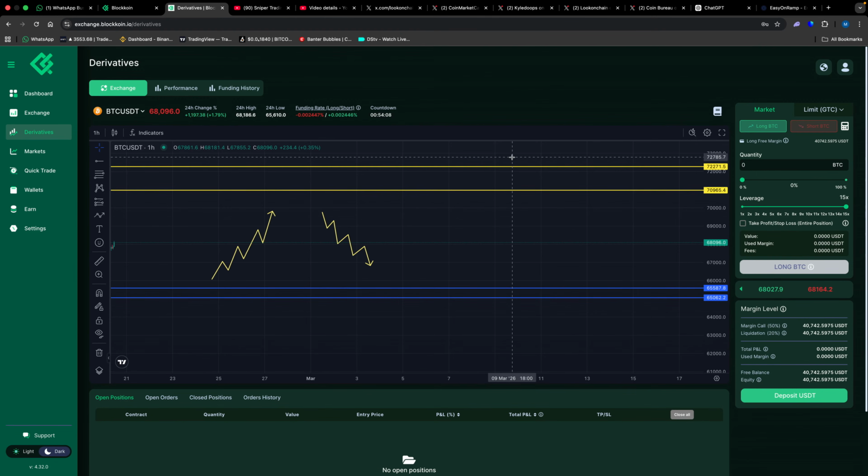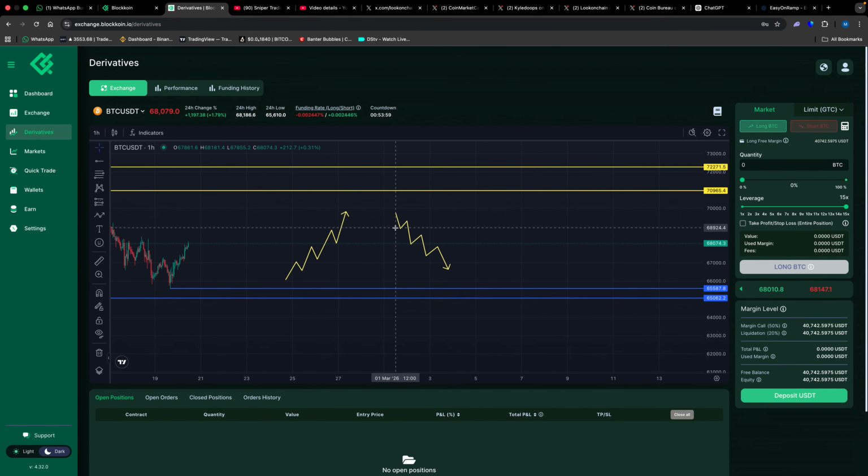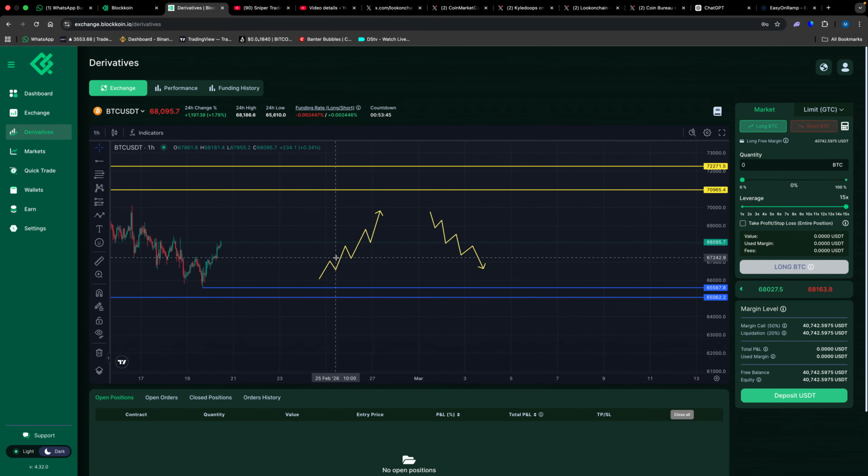bullish market structure. So to identify, as I just showed you, what is bullish and what is bearish, we look at higher highs and higher lows, as well as lower highs and lower lows. So for bullish structure, we typically look for higher highs. You can see over here, high, higher high, higher high, higher high.